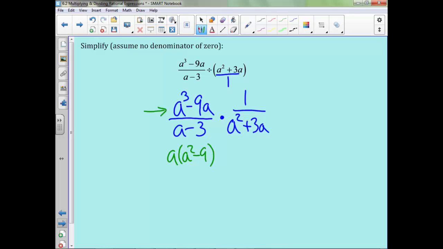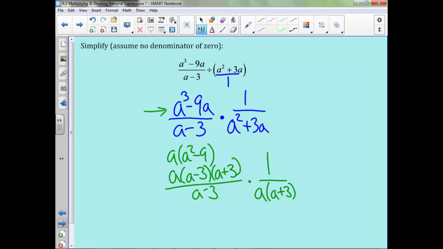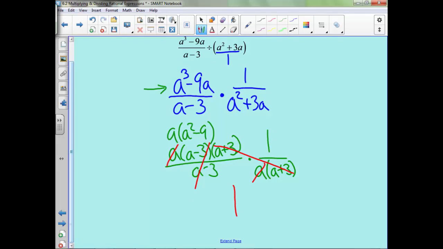But notice that's still a difference of squares, so we can change this to a times a minus 3 times a plus 3 over a minus 3 times 1 over, we can factor out an a, so a plus 3. And now, these a minus 3s will cancel, those a plus 3s will cancel, and these a's will cancel, so we're left with 1, because anything divided by itself is 1.